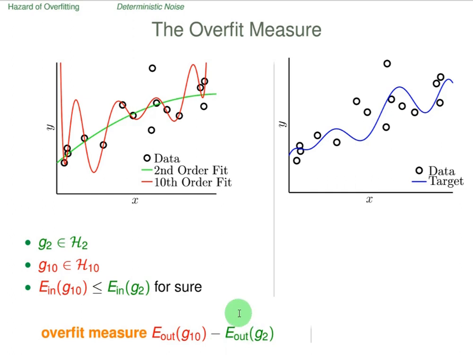Instead, if the measure yields a large negative number, then it shows that the complex model is not overfitting, because it is performing better than the simpler model. So we select this as our overfit measure, the difference between the complex model and the simpler model in terms of their out of sample error performance.